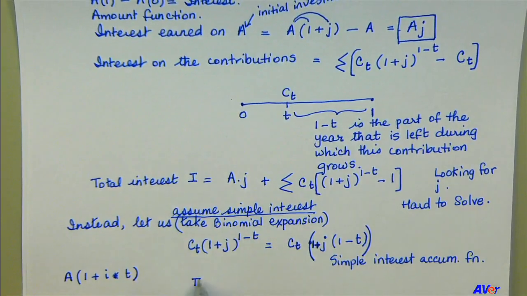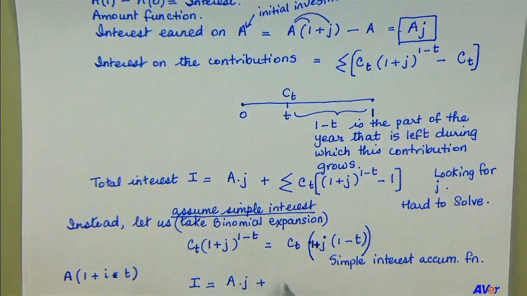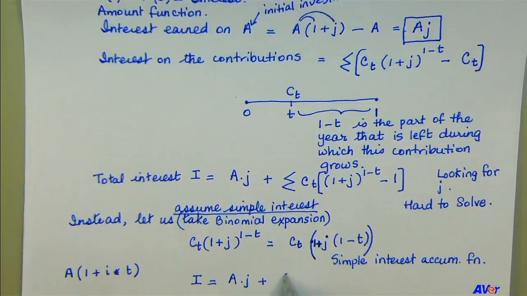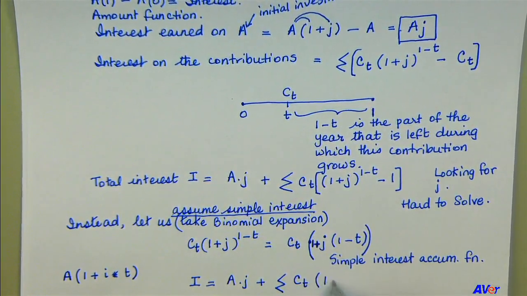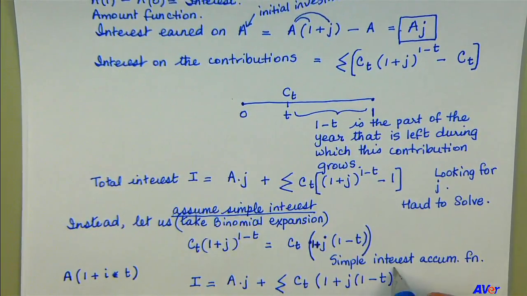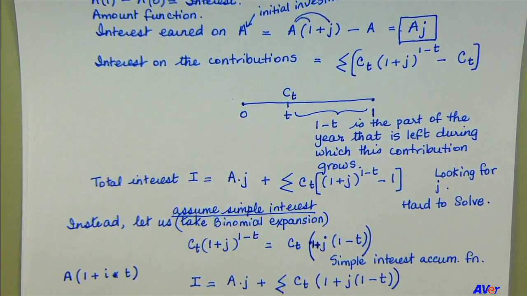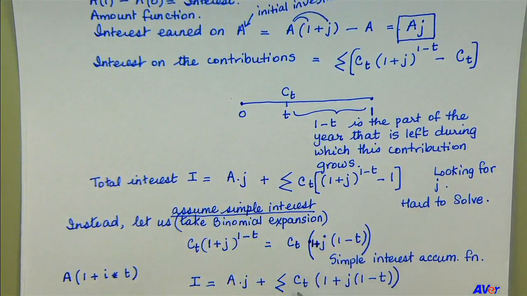Total I is equal to A times J plus summation CT times 1 plus J, 1 minus T. Pull the J out. Give me 1 second.